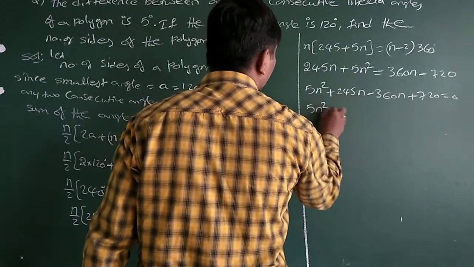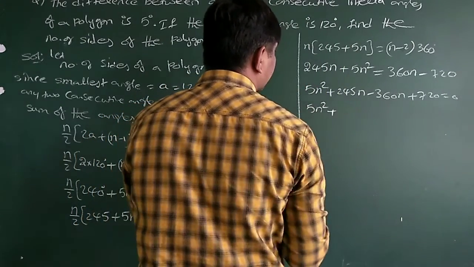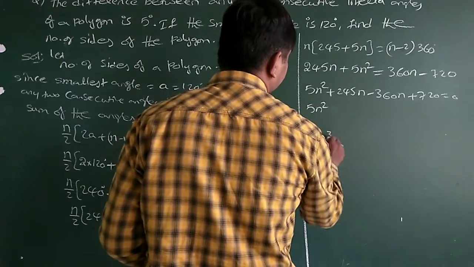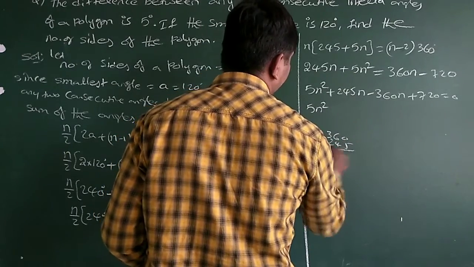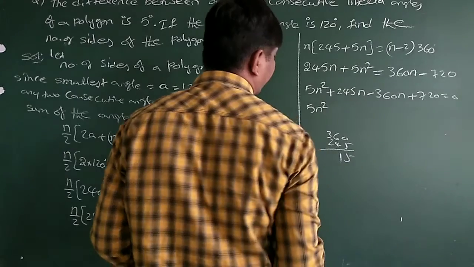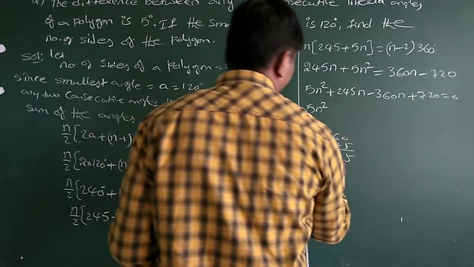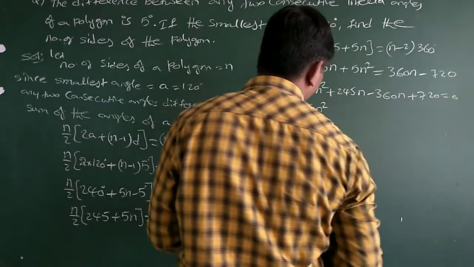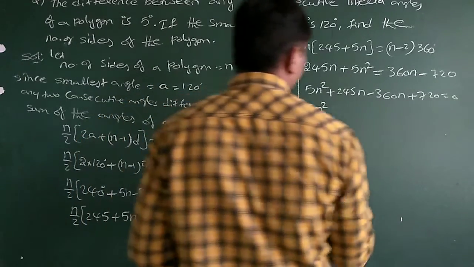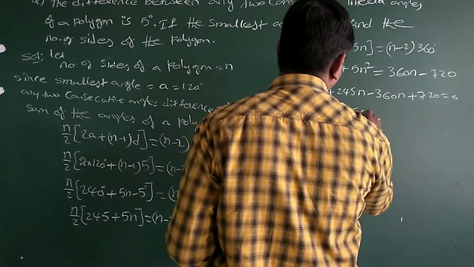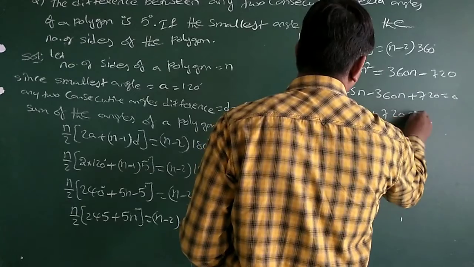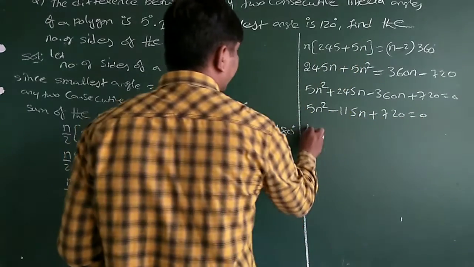Now 5n square, 245 minus 360, the difference is minus 115n plus 720 is equal to 0. You take 5 common.